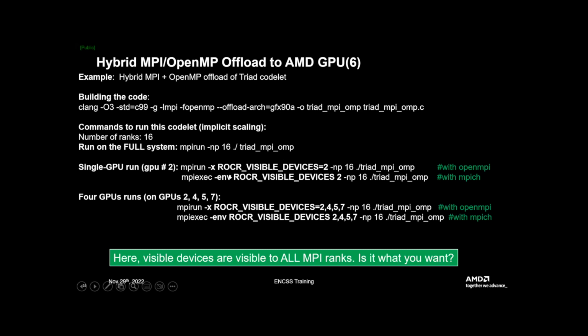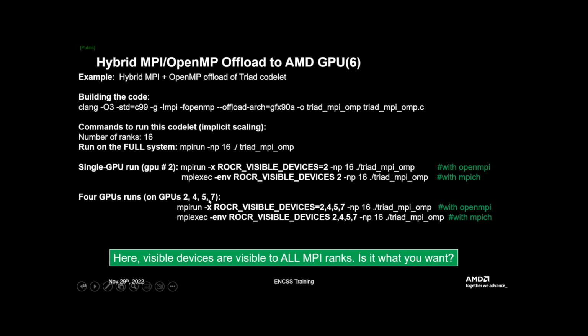Now, sometimes the user or the developer wants to run on a specific device. So what do you do? You need to set ROCR_VISIBLE_DEVICES. Here, for example, I'm setting it to 2 to run on GPU ID number 2 only. Or you can specify a set of GPUs if you want.